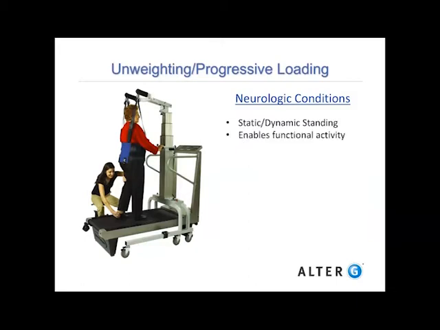It's functional, so people are able to practice activities that are going to get them back to independence, back to home. That's the point of these types of devices. Gait training, of course, helping people step appropriately, helping them, again, properly weight shift, have proper stance time, swing phase.